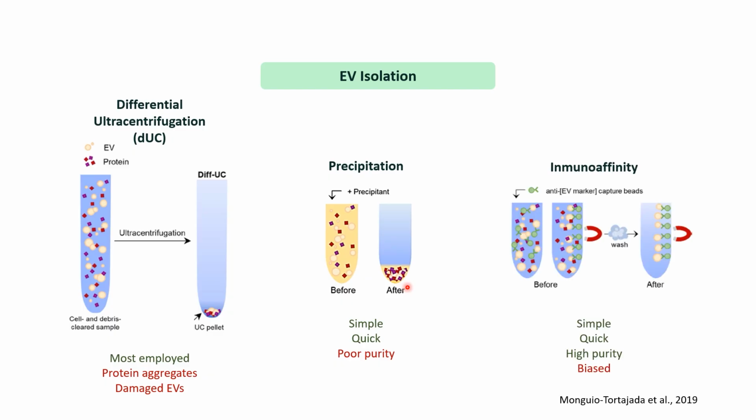And there are other higher purity systems such as immunoaffinity that are also quick and simple, and they will provide a high purity sample of extracellular vesicles, but they will always be biased for the membrane protein that you use to immunoisolate the sample.